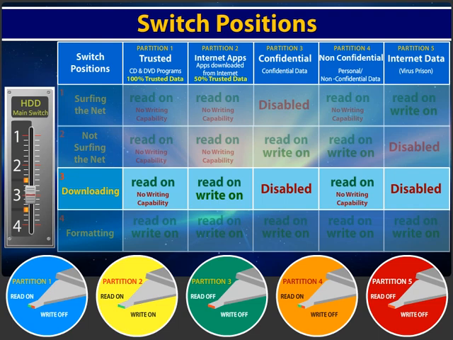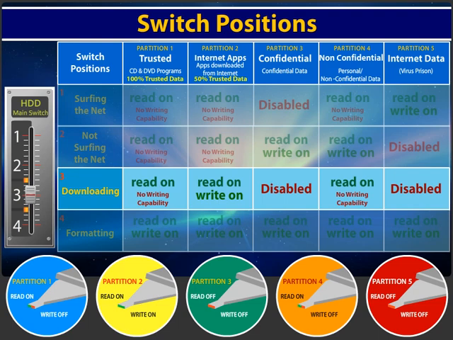At this position, and because the read and write delete heads of the Internet data partition are disabled, no Internet virus may access other partitions. And because the read and write delete heads of the confidential partition are disabled, all our confidential data stored on the confidential partition are safe and protected.